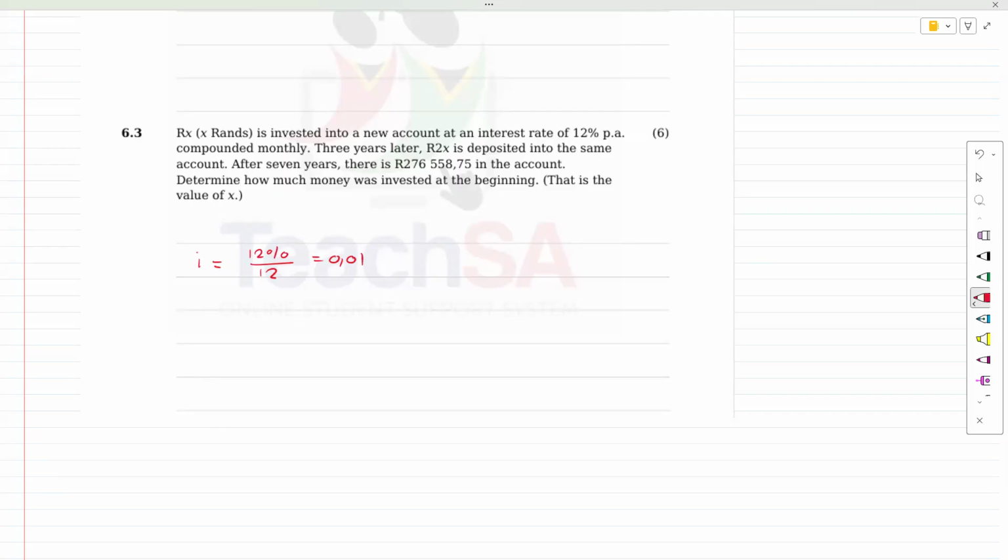So this is a timeline. At the start, we put x amount, and this is year 0. Then 3 years later, 2x is deposited into the same account.